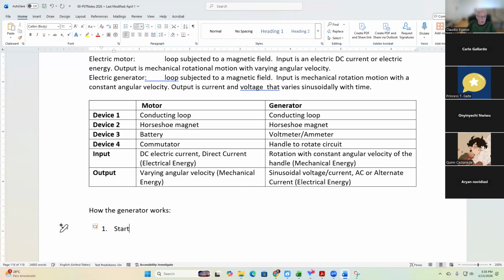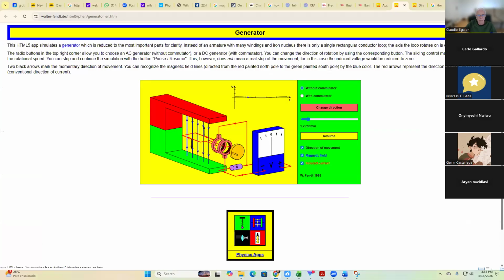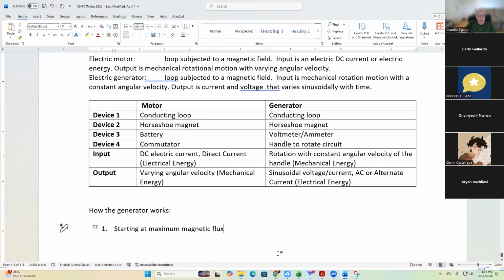One is starting at maximum magnetic flux. Start at maximum magnetic flux. The induced voltage is zero. Why is the induced voltage zero?